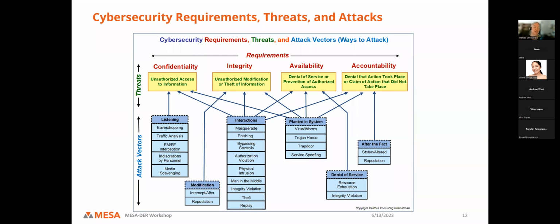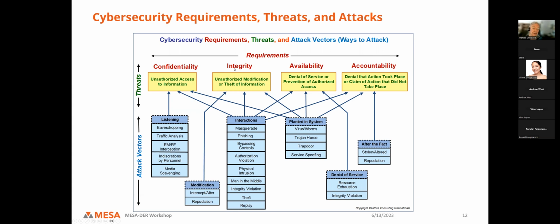So first of all, cybersecurity includes the threats and the attack vectors. What are the cybersecurity threats? Because these are the kinds of things that need to be protected. So for instance, confidentiality, that means make sure it's kept secret if it needs to be.